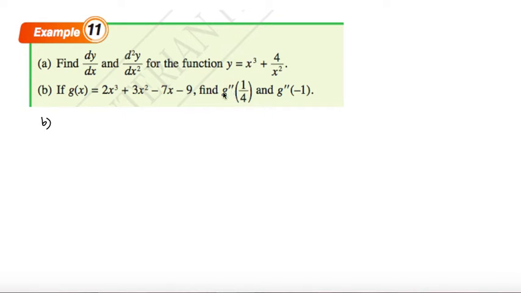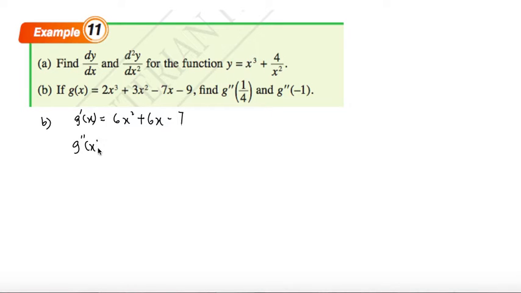Okay, B. g double prime, so we have to differentiate. This one is g(x). So g prime, the first derivative for the g function, 3 times 2 is 6x squared plus 3 times 2 is 6x minus 7. But we want double prime, the second derivative.